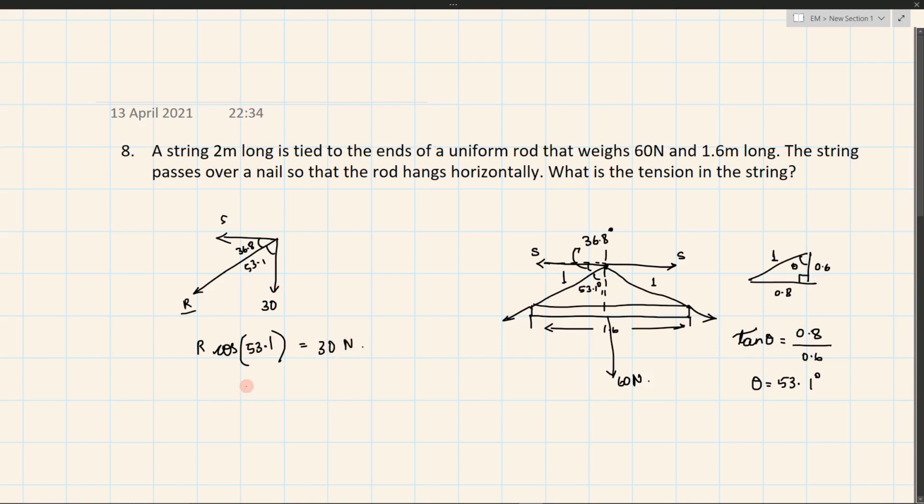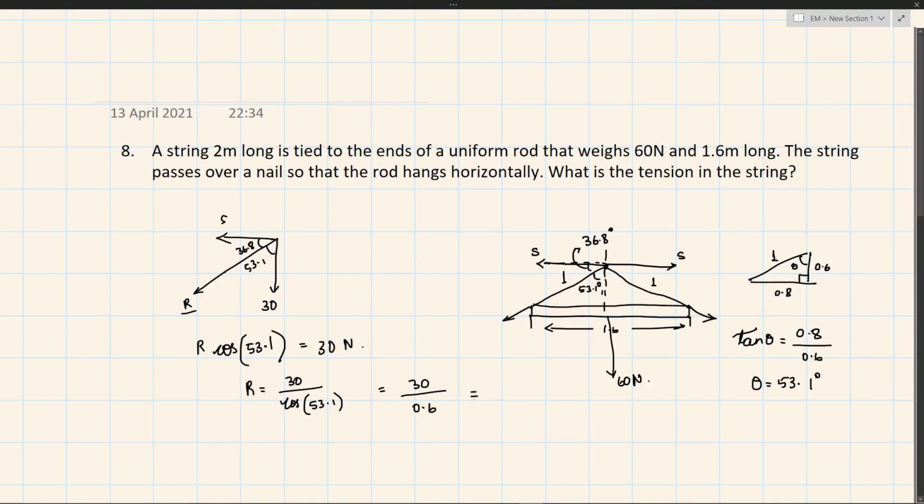So now r is equal to 30 divided by cos 53.1. cos 53.1 is 0.6.